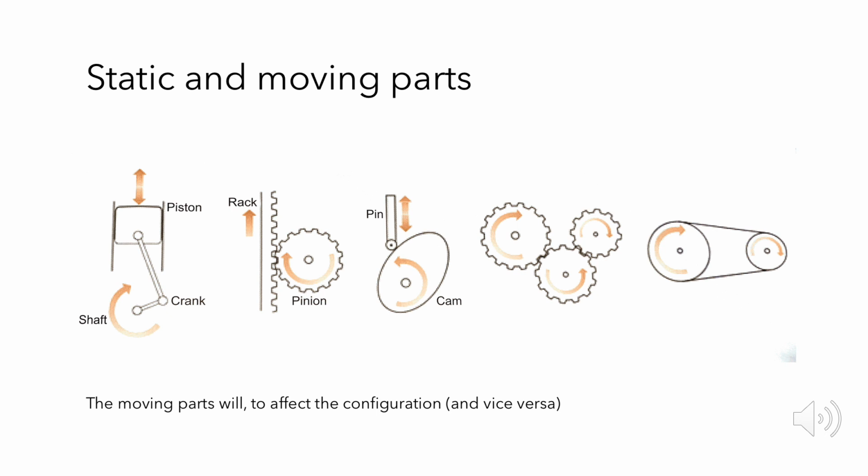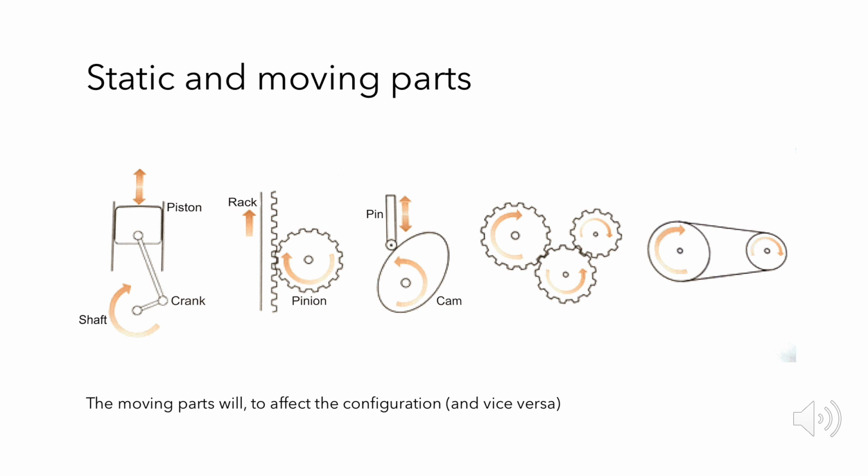Another important thing to be aware of in layout design is mechanisms. If there are going to be moving parts in the design that you're working on, then you need to think about what the mechanisms for those movements are going to be. So there's a few different kinds that are shown in the book. We've got piston and crank, rack and pinion, there's a cam, there's gearing, and then there's a drive chain.